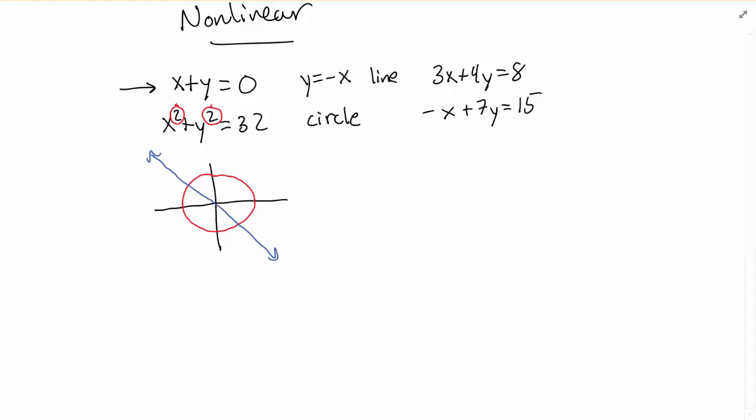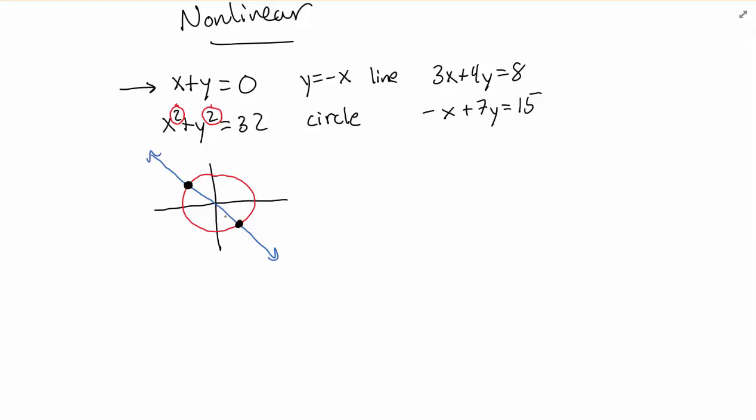So what we're looking for would be these intersections right here. Because if you're on the intersection, it means you're on the blue line, which means you satisfy the first equation. And if you're on the red circle, I swear that's a circle, then you're satisfying the second equation. So where those two intersect means you satisfy both equations. That's what we want.